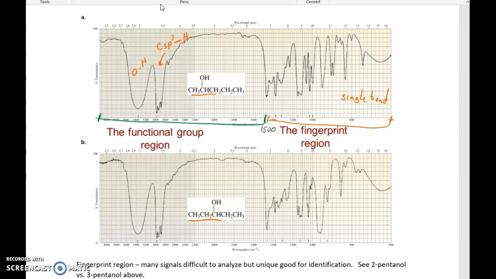That's this one and this. Both of these compounds have that, and so they both look very similar. They differ in the fingerprint region, and you can use the fingerprint region for identification. There is information in the fingerprint region, but we're not going to be utilizing it because it's a little messy. It's hard to read. They do use computers, and professionals can gain quite a bit of information from the fingerprint region, but we can't.